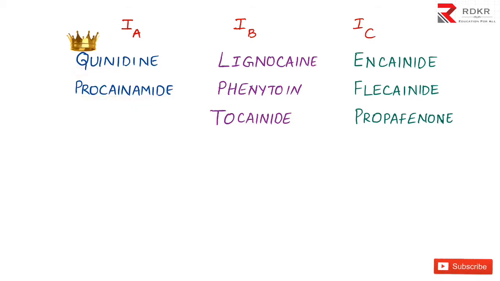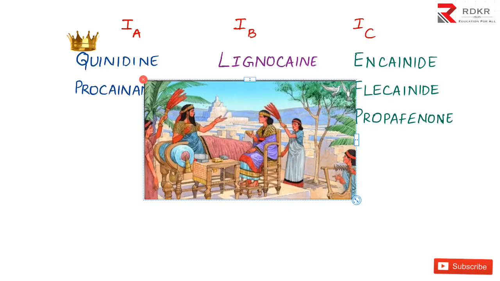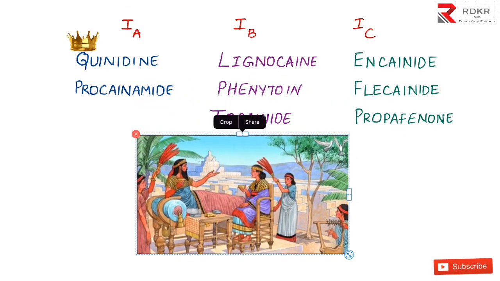And I will just present an image here, just a second. Yeah. So here, if you observe the image, the queen and the prince are sitting here. These are the second group, that is B class people, they are the servants of the prince. This is just a way to remember, that's it.